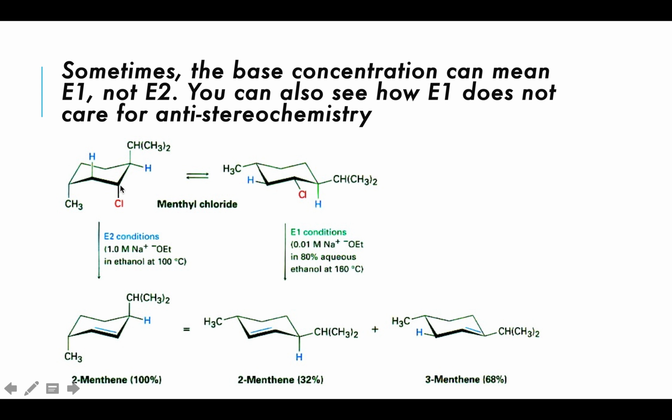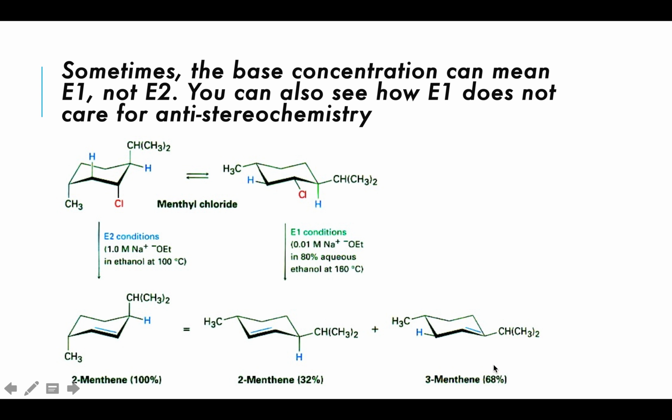Notice the E2 conditions: 100% of the product is the non-Zaitsev product. The alkene formed here is because this is the only position where your chlorine and your hydrogen can be anti-periplanar. Your E1, however, has a mixture of two products, so it's messier.